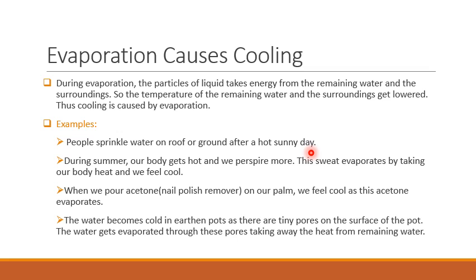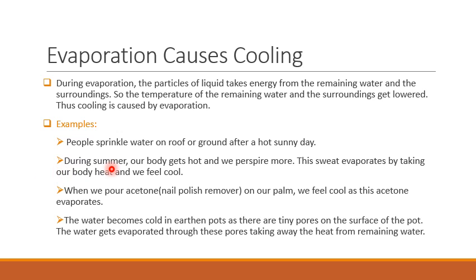This water gets evaporated and it is taking the heat from the roof. As a result, the water would evaporate and the roof will get colder. Now let's see one more example.